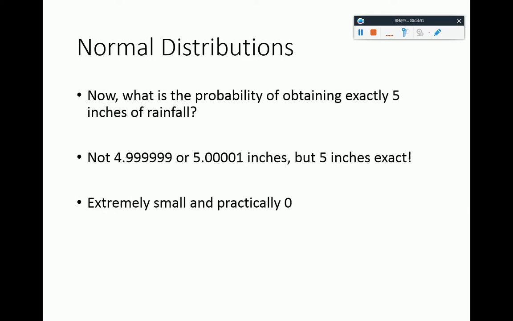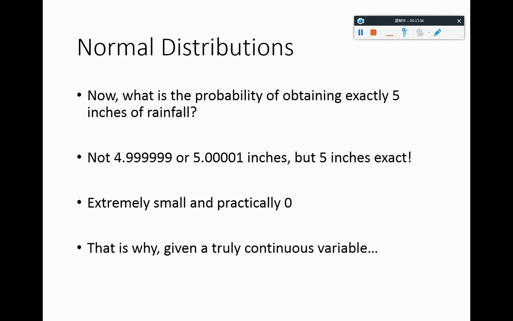Given the typical way that we measure stuff, it's practically impossible to obtain an exact amount of volume or length or weight or whatever property you can think of, and not 1 unit more or 1 unit less. So the probability of observing an exact value is extremely small, so small that we can comfortably assume that it is zero.